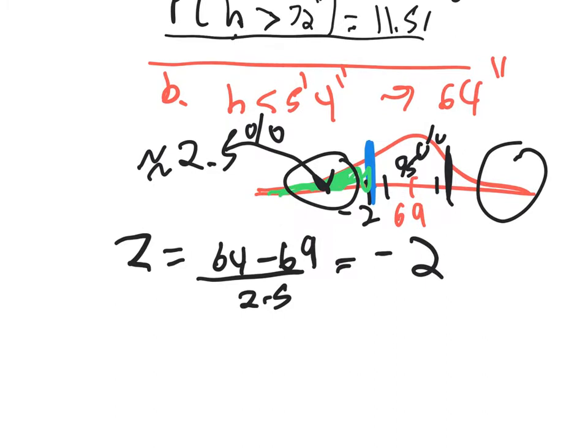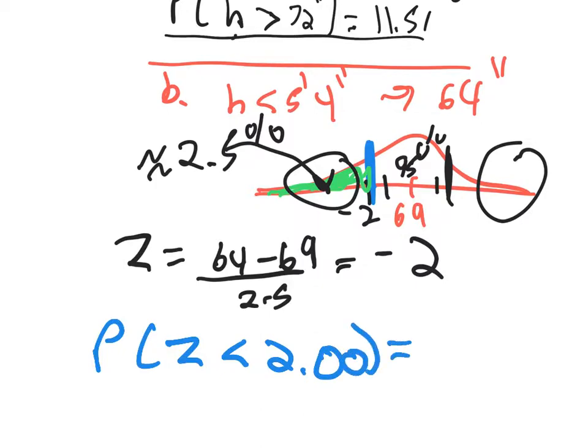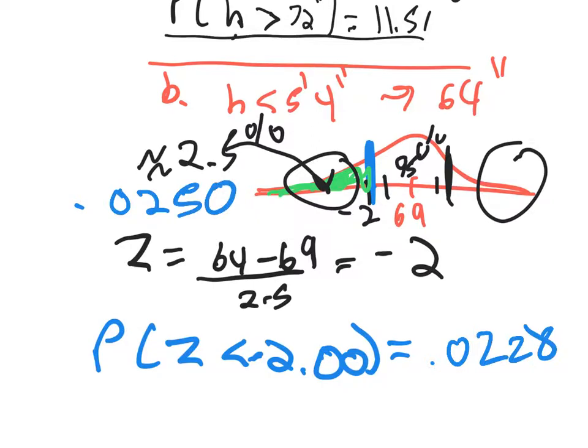So let's go to the table, and I'm looking for the probability that z is less than negative 2.00. So which table do I use? The first one? The actual answer is 0.0228. The other day, we said the answer was 0.0250.